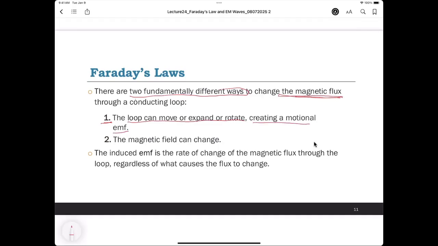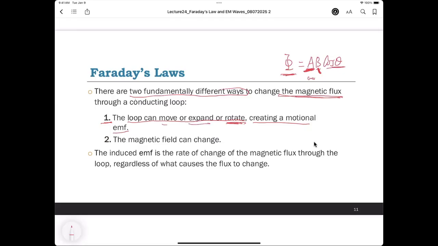We know the magnetic flux equals A B cosine theta, am I right? This A is the area of the loop, this B is the magnetic field, and theta is the angle between the axis of the loop and the magnetic field. So if you want to change the magnetic flux, the loop can move, expand, or rotate.